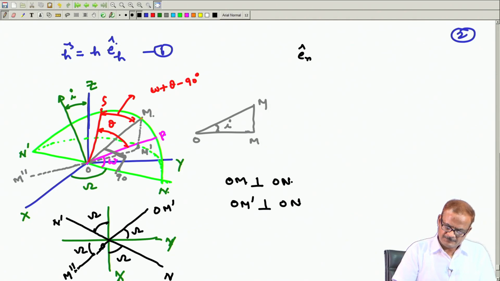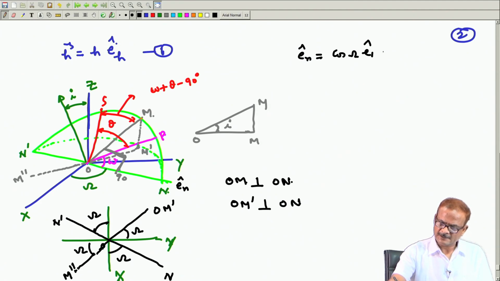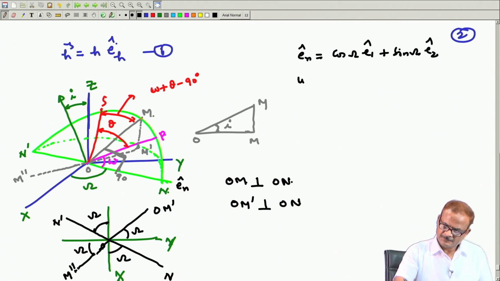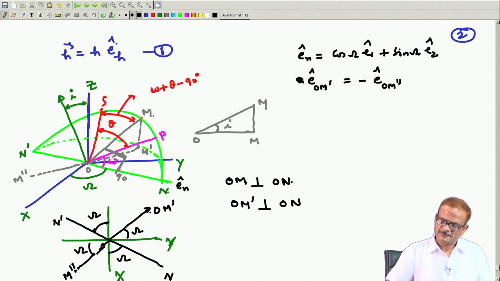So, E n cap, which is the unit vector along this direction, we have written as cos capital omega E 1 cap plus sin capital omega E 2 cap. This already we have done. Also, we have E O m prime, this unit vector along the E O m prime in this direction, this will be equal to minus E cap O m double prime.